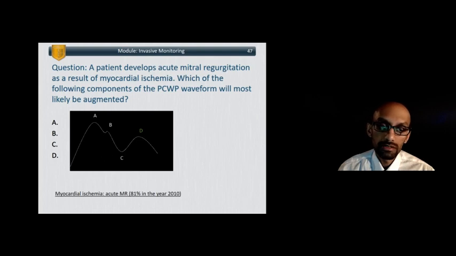But if one or more of your papillary muscles is ischemic, the two leaflets of the mitral valve won't coapt exactly at the same time, leading to functional mitral regurgitation during times of ischemia. So if you have regurgitation, remember that's going to meet with that V wave, that venous return coming back, and it's going to be your V wave that augments in height and amplitude.